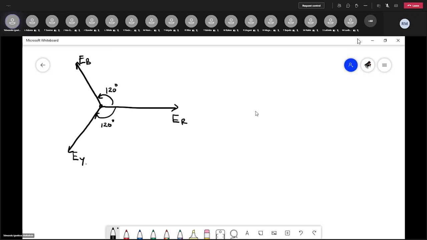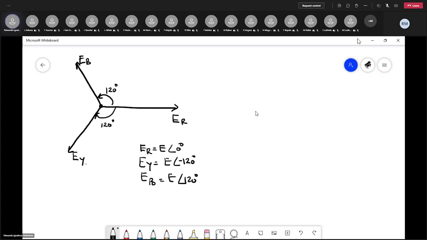So if I've got ER as E angle 0, EY is E angle minus 120 degrees, EB is E angle 120 degrees.